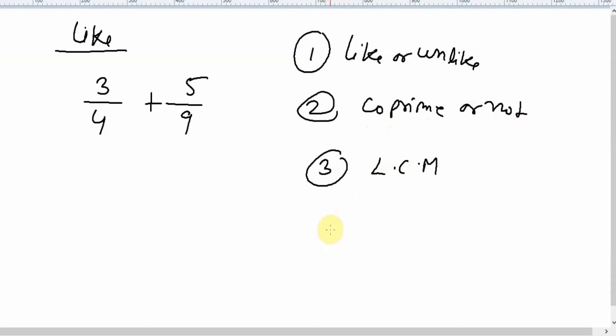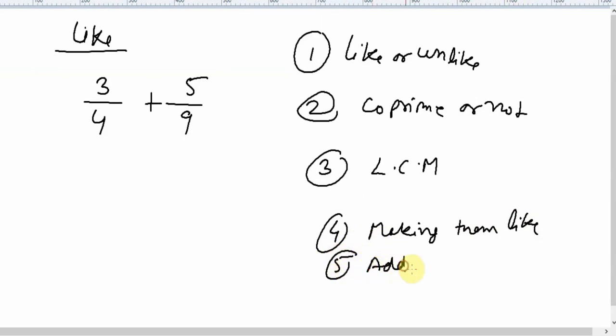Then the fourth step, we make the denominator the same, or we make them like. Then fifth step, we will add or subtract. So these steps we have to follow.